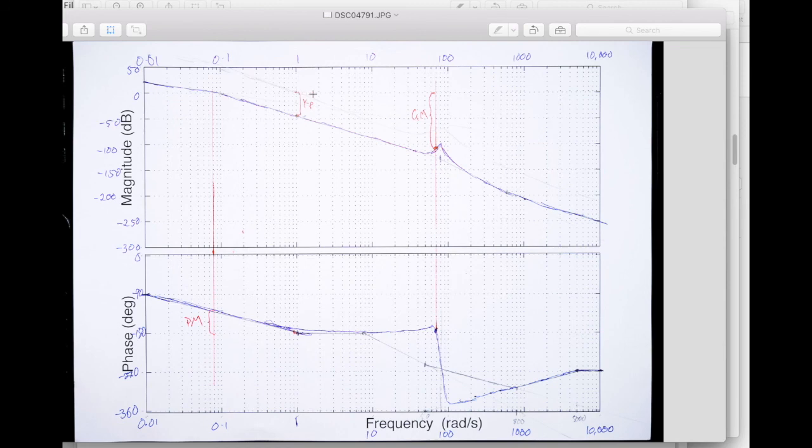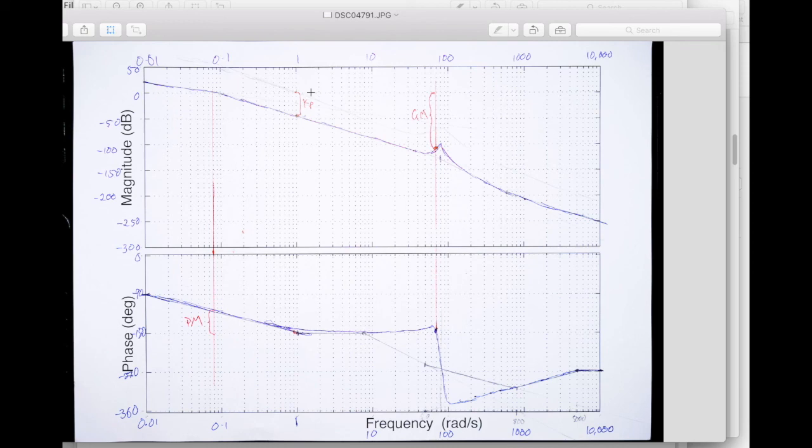So the crossover frequency is going to shift a little bit further to the right, which is generally okay. That probably means we're going to further improve the settling time. But it does mean that the phase margin might get a little bit worse. And that's why, as I mentioned before, instead of saying 45 degrees for phase margin, we put in a bit of a slop value of 50 degrees.